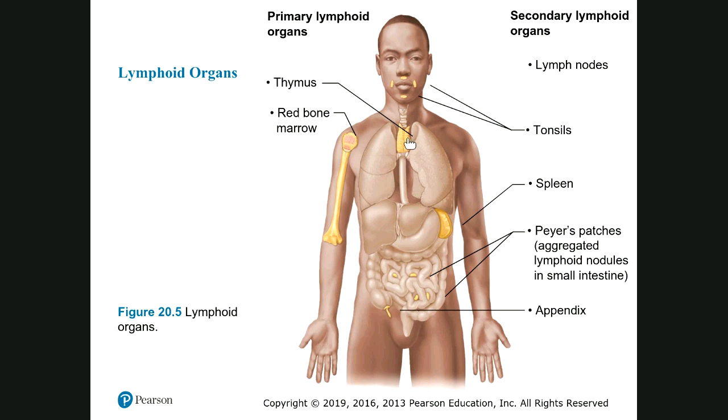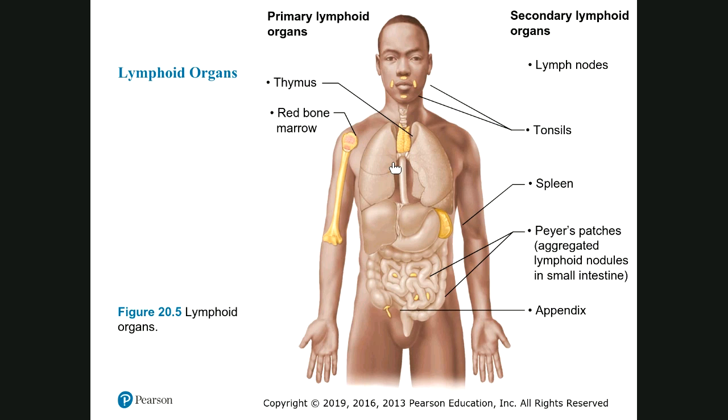The thymus is the site where our T lymphocytes mature to become immunocompetent. The thymus is where our T lymphocytes become able to defend us against specific pathogens in our immune response.